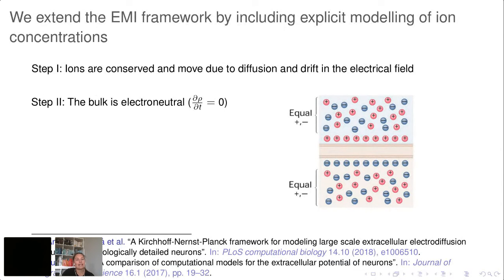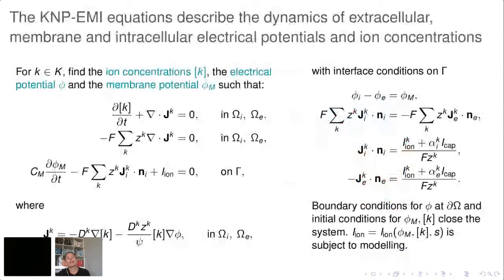And with these assumptions, we end up with the KNP IMA equations. And in this system, we aim to find the ion concentrations k, the electrical potential phi, and the membrane potential phi m, such that the continuity equation holds, which is the first equation here, and the second equation stems from the electroneutrality assumption.